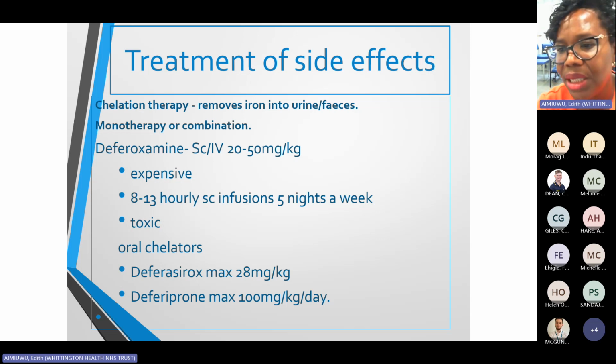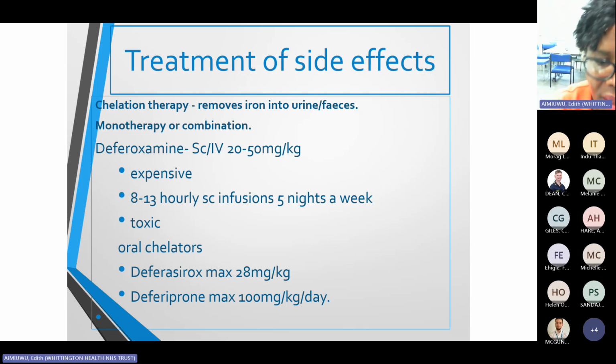However, if you're just starting a child with no chelation, not yet established iron loading, you want to start at a lower range. But however, from my experience, we tend to use about 40 milligram per kilogram. This drug is expensive, like we know, and we can infuse this medication at home over 8 to 13 hours, five nights a week, in some cases 7 nights a week.